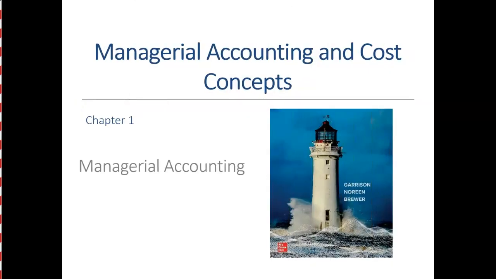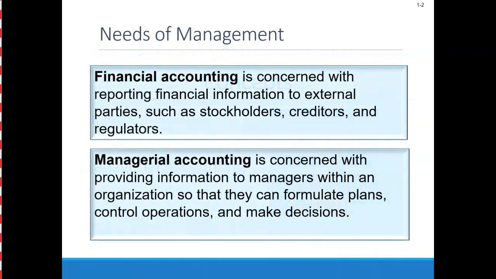Here we go. So for chapter 1, we're going to just do a brief overall understanding of managerial accounting. Now, those of you that were in financial accounting know that we measured activities and we came up with financial statements to communicate that information to external users, such as people outside the company.